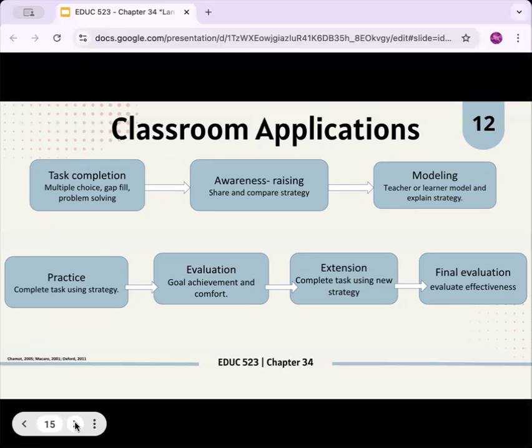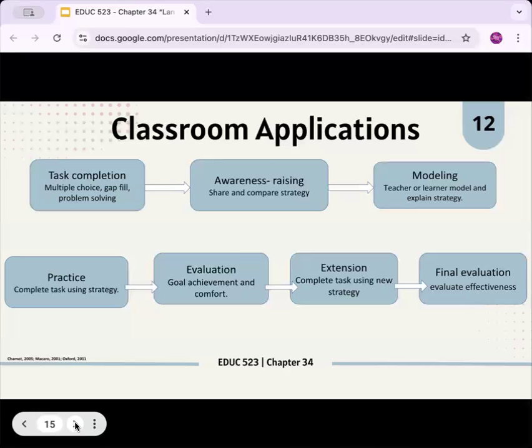Then is evaluation. Students evaluate the strategy based on its effectiveness in achieving the task and the personal comfort with using it. This reflective process helps them determine what strategy works best for their individual learning style. Then is extension. Learners are tasked with completing a more complex activity that requires them to integrate the newly learned strategy with familiar ones.